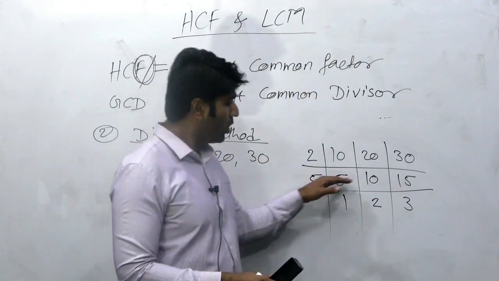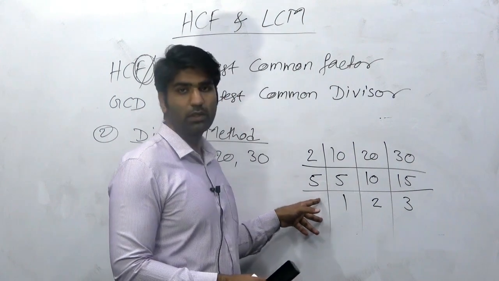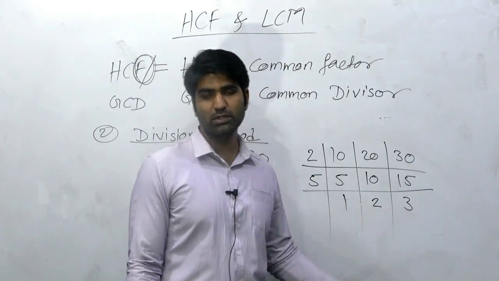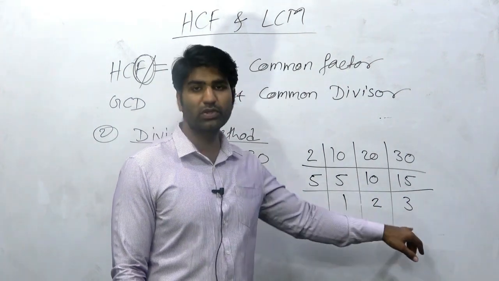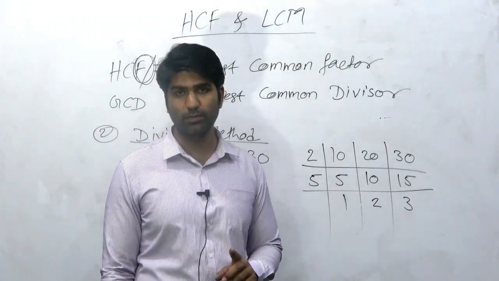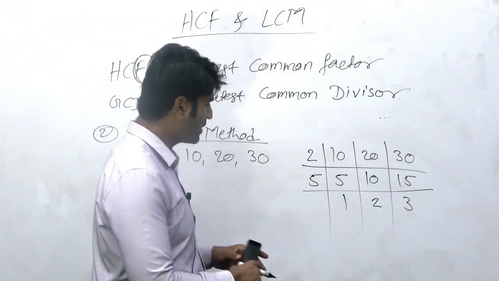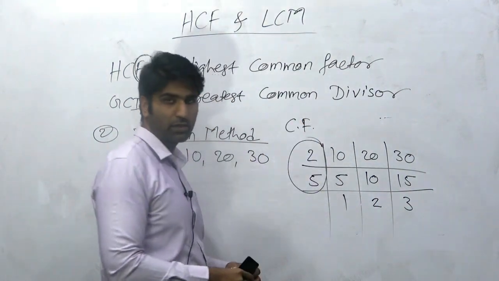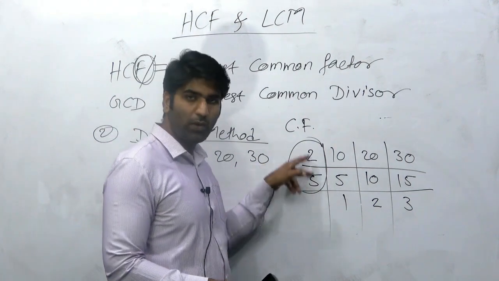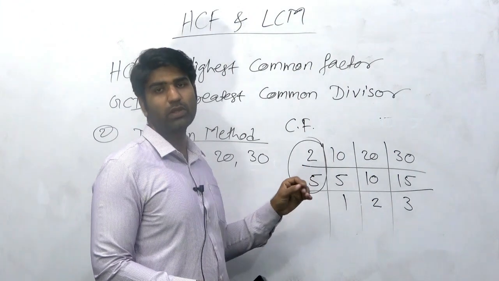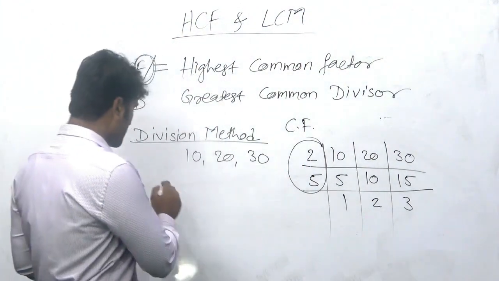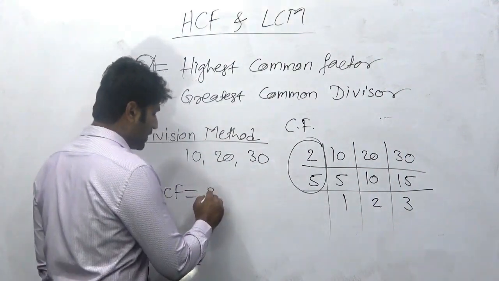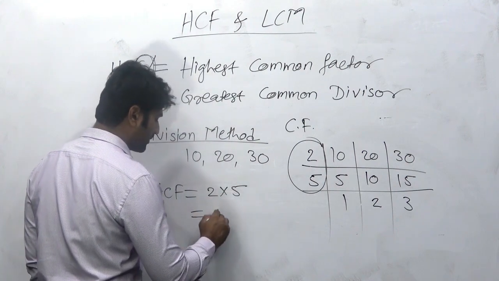We divide until there is no common number left. Now 1, 2, 3 remain, and no number except 1 can divide all three. So 2 and 5 are the common factors, and the multiplication of these common factors is our HCF. 2 times 5 is 10.